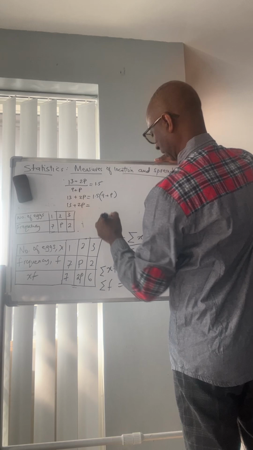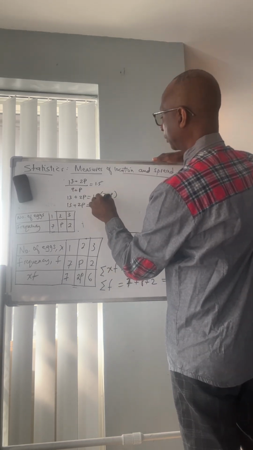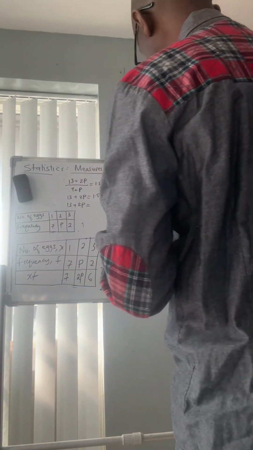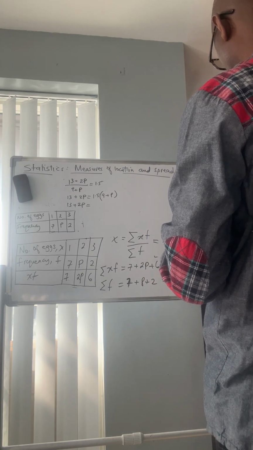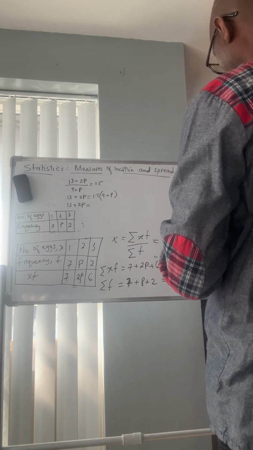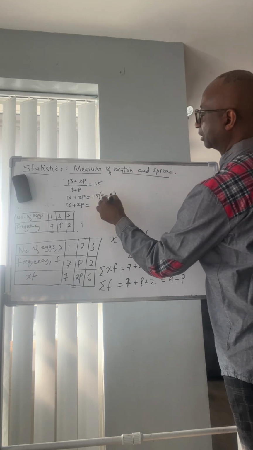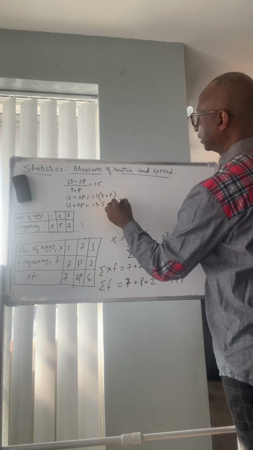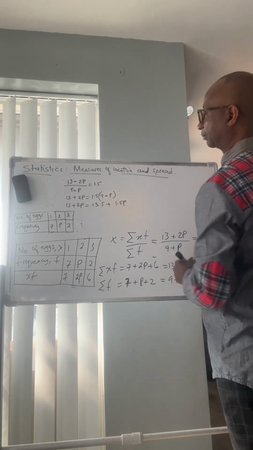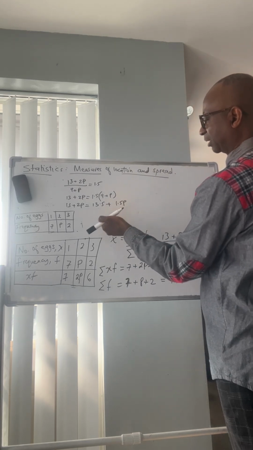So we still have 13 plus 2p. Mind you, the question asks us to find the value of p. Now you have 1.5 times 9, which is 13.5. So you have 13.5 plus 1.5 times p, which is 1.5p. Now we want to find the value of p.